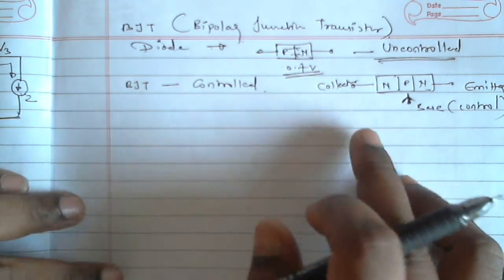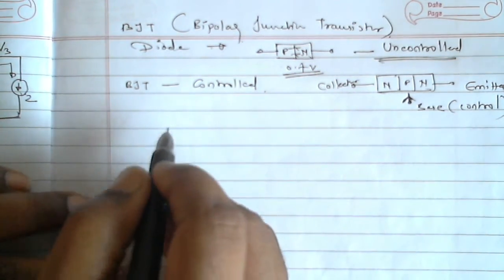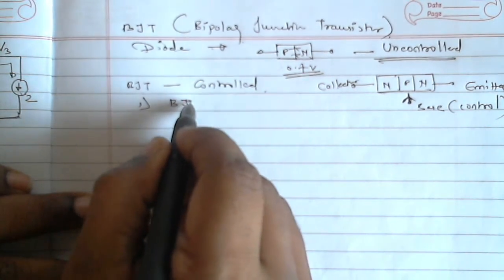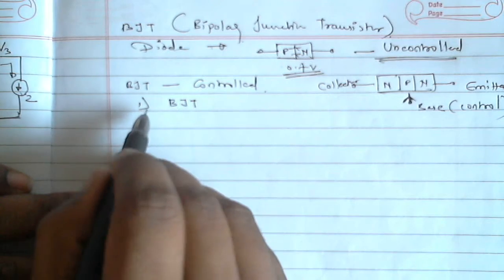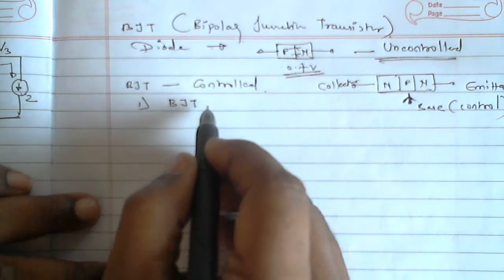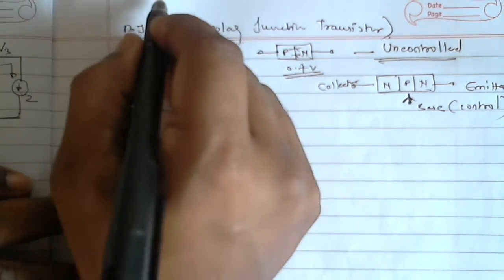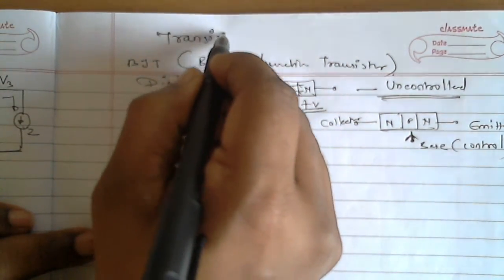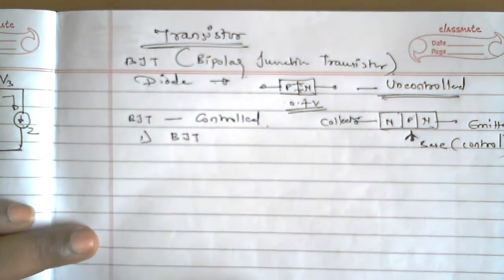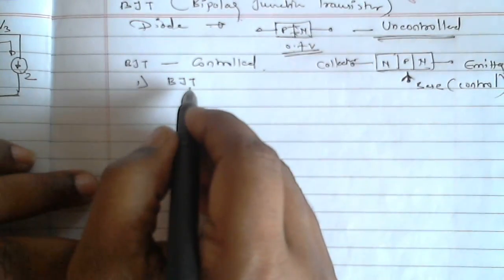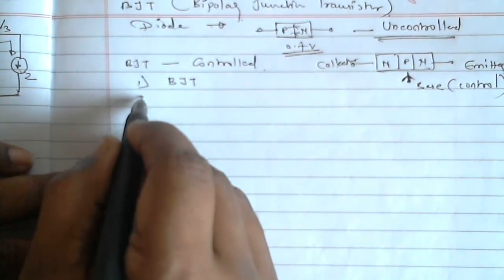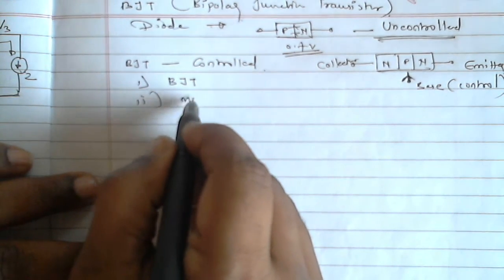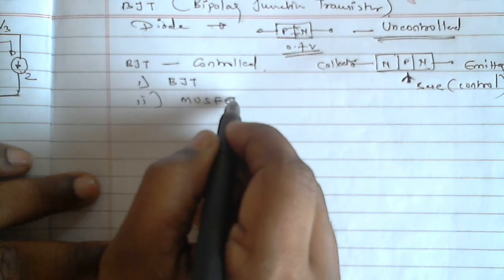Now power transistors are generally of four types. First is BJT, bipolar junction transistor. These are all from the transistor family. Second is the metal oxide semiconductor field effect transistor, MOSFET.